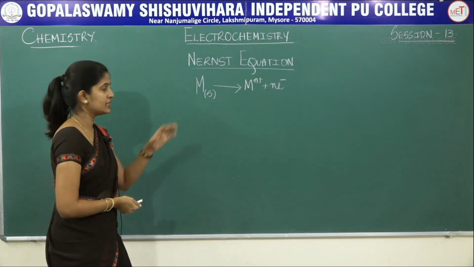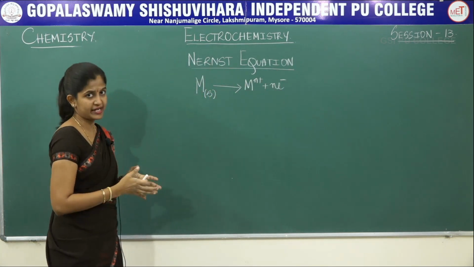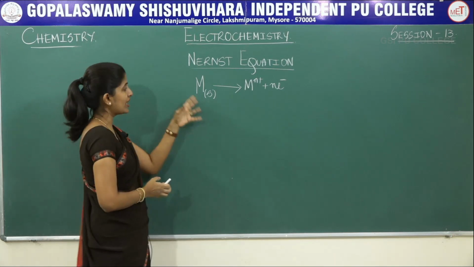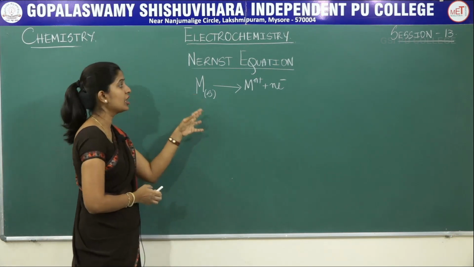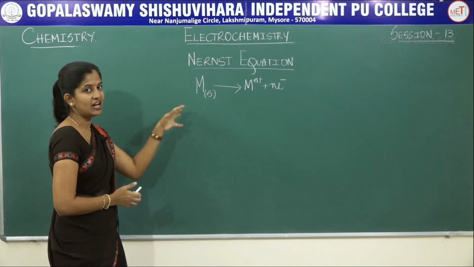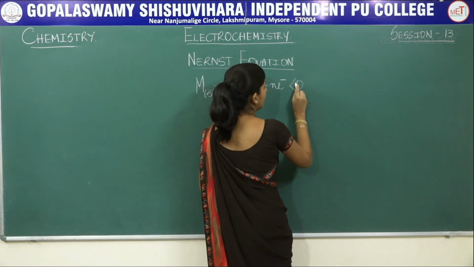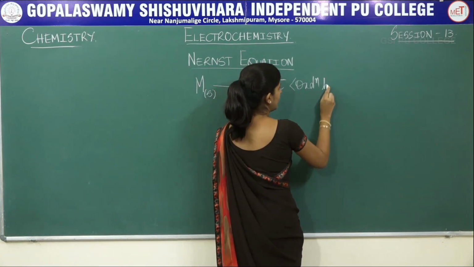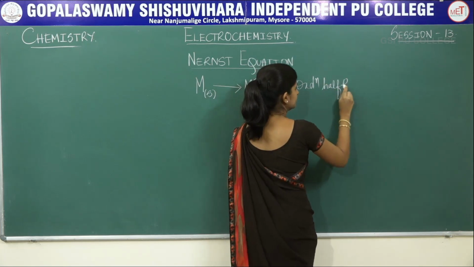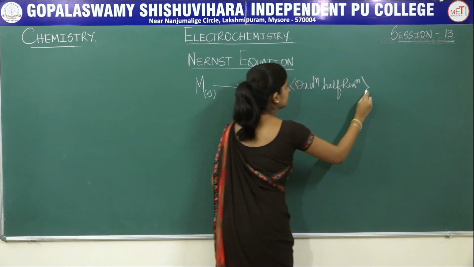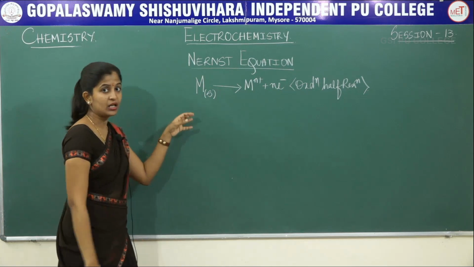The Nernst equation for this reaction, remember this is a half reaction, a half cell reaction, only one metal I have taken, and this half reaction is your oxidation half reaction. For this I will be writing your Nernst equation.